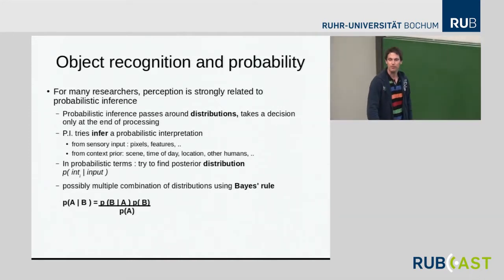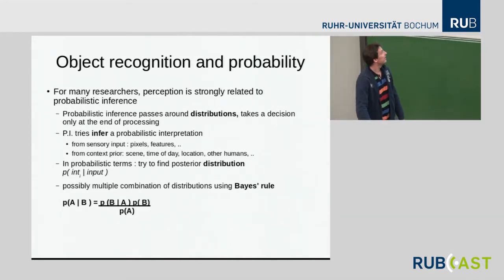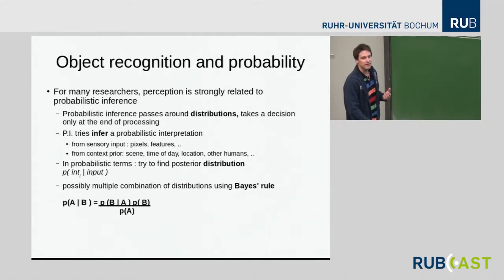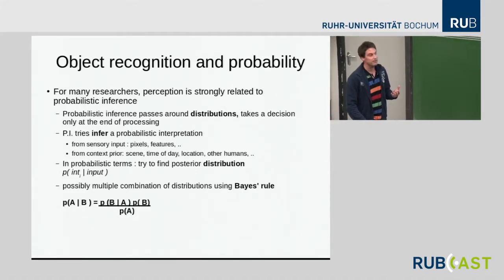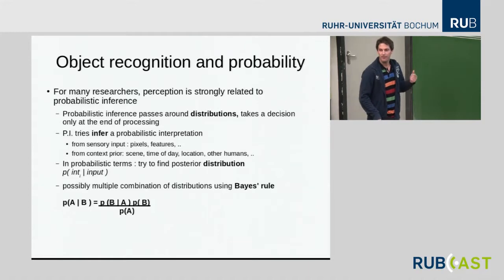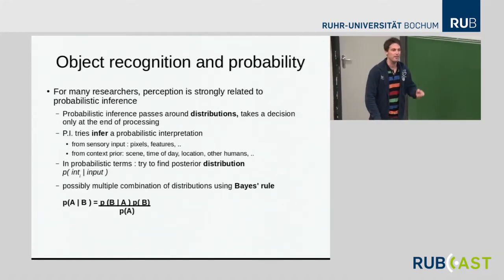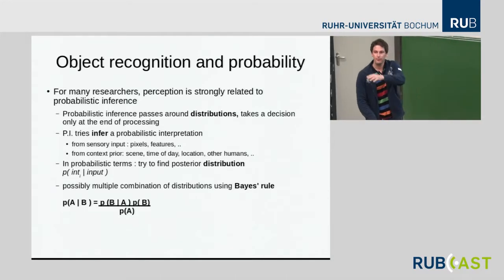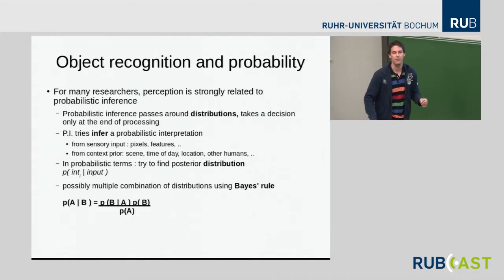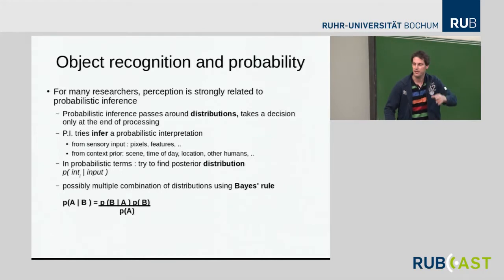So I guess you know a little bit of probability theory. When you do probabilistic inference, the basic credo, the basic principle of when you treat things probabilistically is you don't pass around values. You don't say the value of this measurement is 1. You say rather you have a distribution of measurements where the value 1 has a very high probability and the others don't.